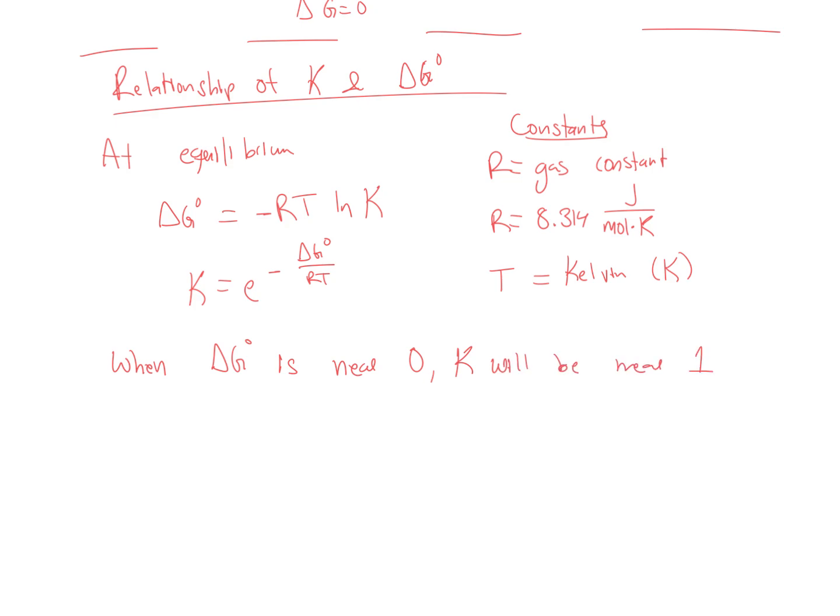In other words, if your free energy is 0 or almost 0, that means that there's no thermodynamic favorability and your products and reactants are going to be similar to each other. As delta G becomes more negative, the forward reaction is more favored.